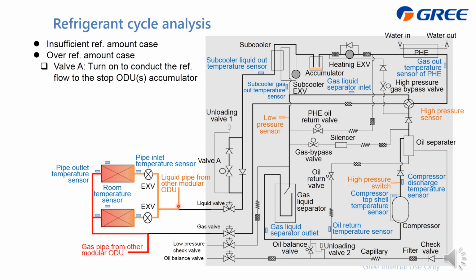You can also find we just turn on this valve A, which means here it is also the liquid refrigerant with high pressure, and then it will be stopped by the check valve and also the stop valve A. Then just like this, we can turn on this valve A to let this refrigerant get through and go to the accumulator. And also in this case, for the stopped outdoor unit, this EXV is fully closed.